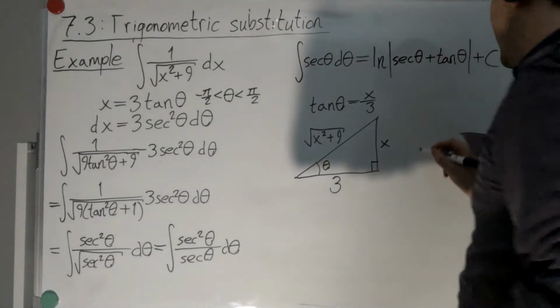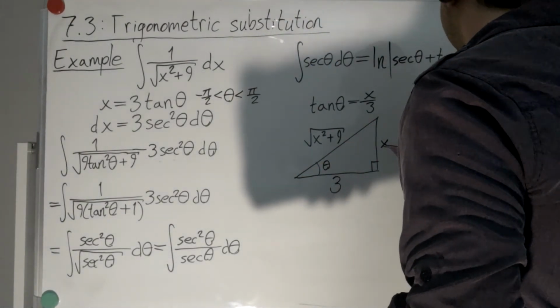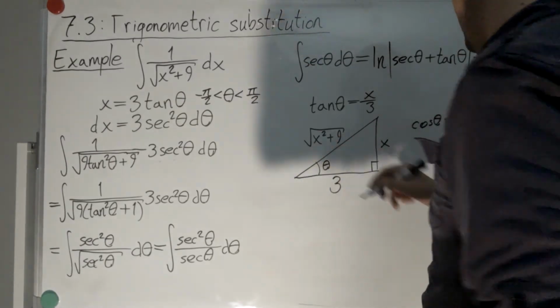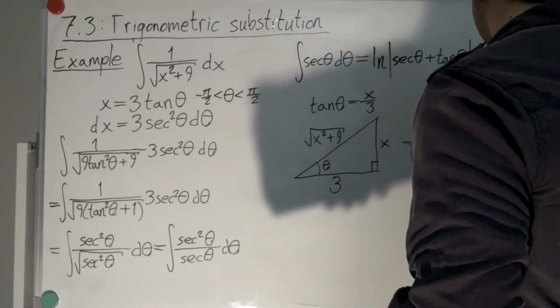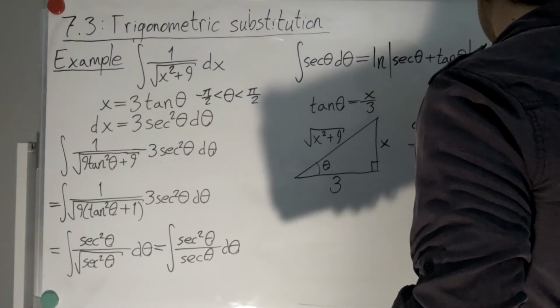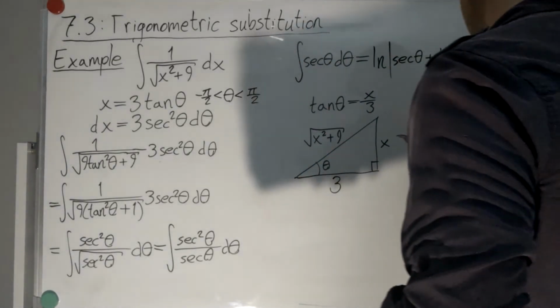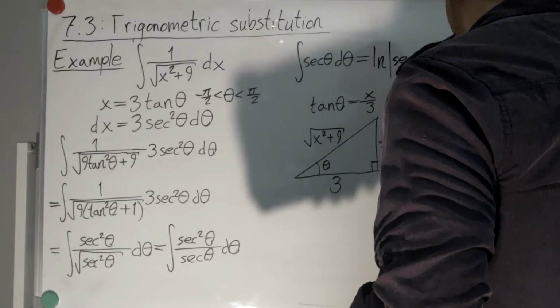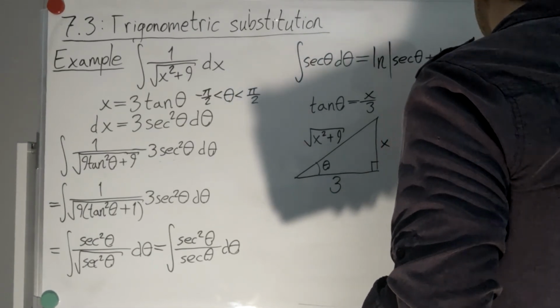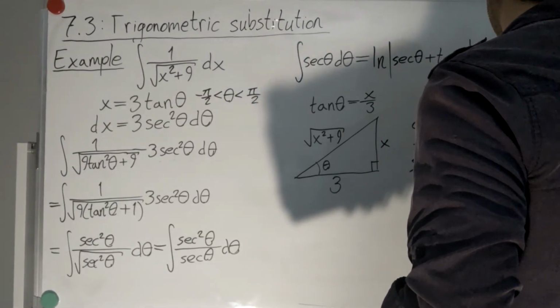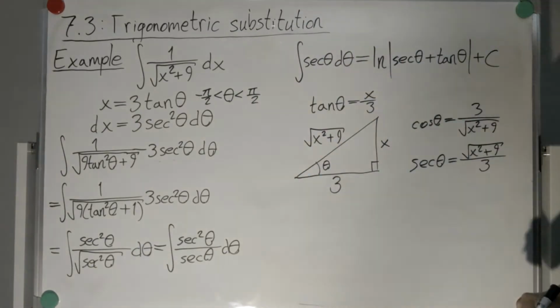In this case, cosine theta is adjacent over hypotenuse, so that's 3 over the square root of x squared plus 9. And then secant theta is 1 over cosine theta, so secant theta is therefore the square root of x squared plus 9 divided by 3.